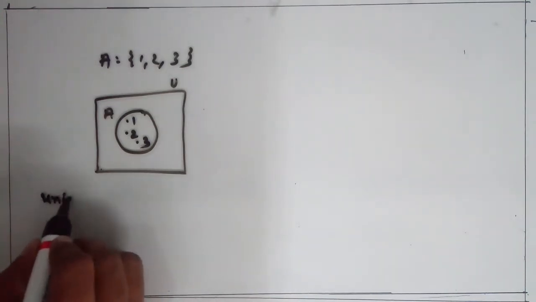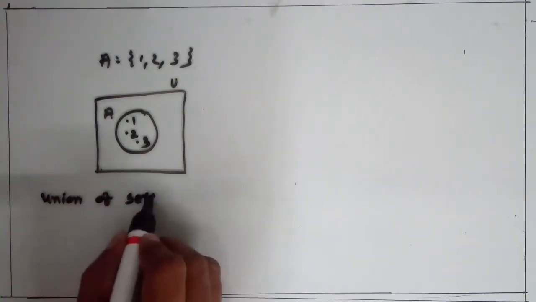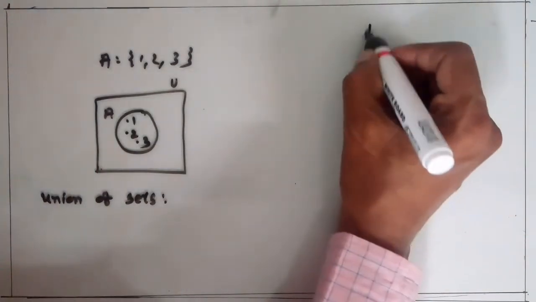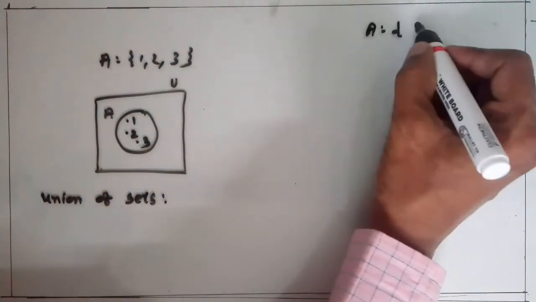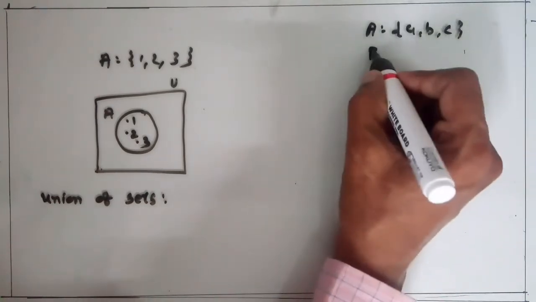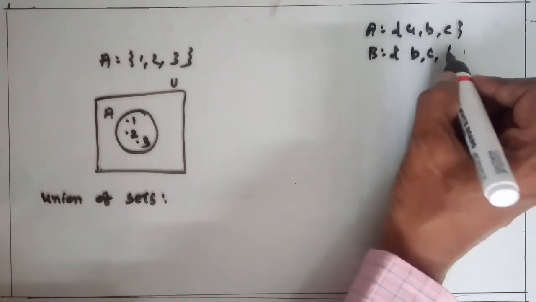Remember this, union of sets. If we have two sets, A is equal to {A, B, C} and set B is equal to {B, C, D}.